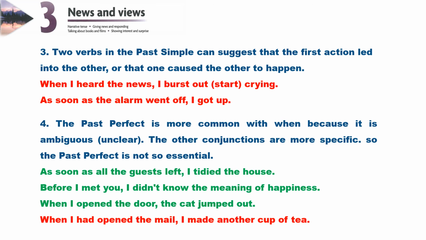But when I use when, it gives me a clear meaning. When I had opened the mail, I made another cup of tea. This is why we said that with the past perfect, I have to use when because it makes the meaning more clear.